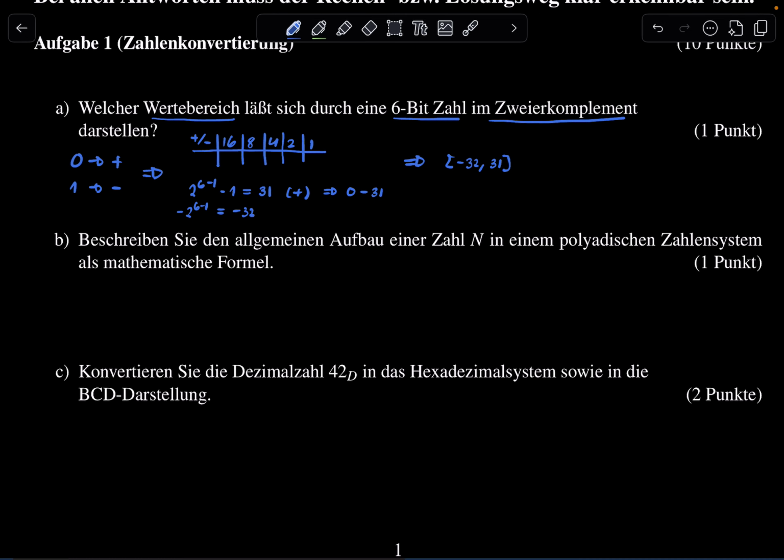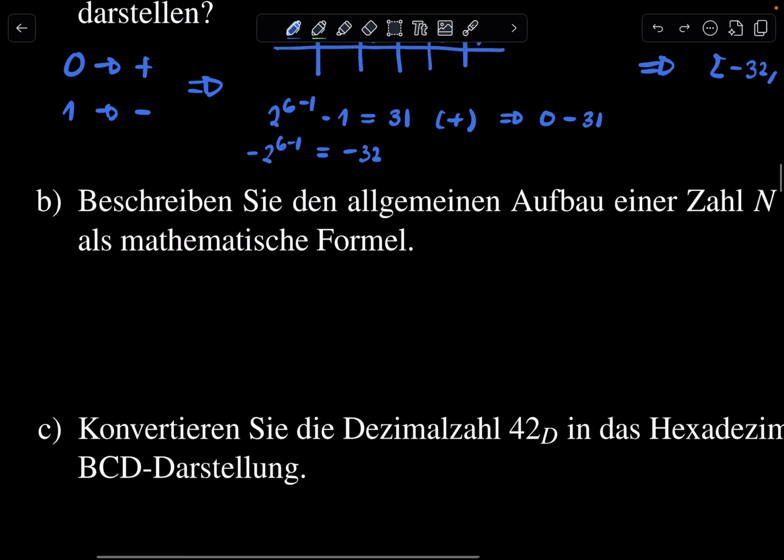This next one is telling us how to create a number n with a Polyadditionssystem as a mathematical formula. If you remember properly, it's just the sum of all the values. For example, 103: how do you create this number?